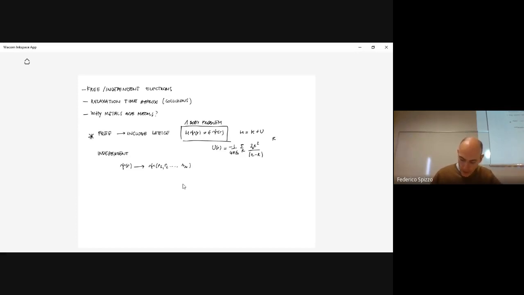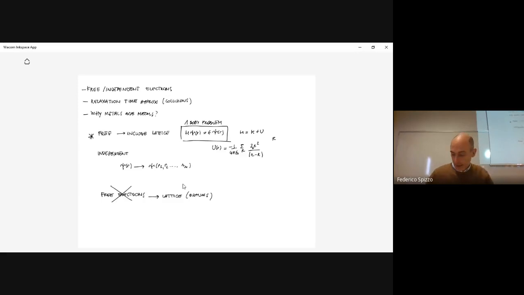So the first step was to remove this hypothesis and consider the Bravais lattice as a mathematical structure that describes the actual position of the ions within the system.